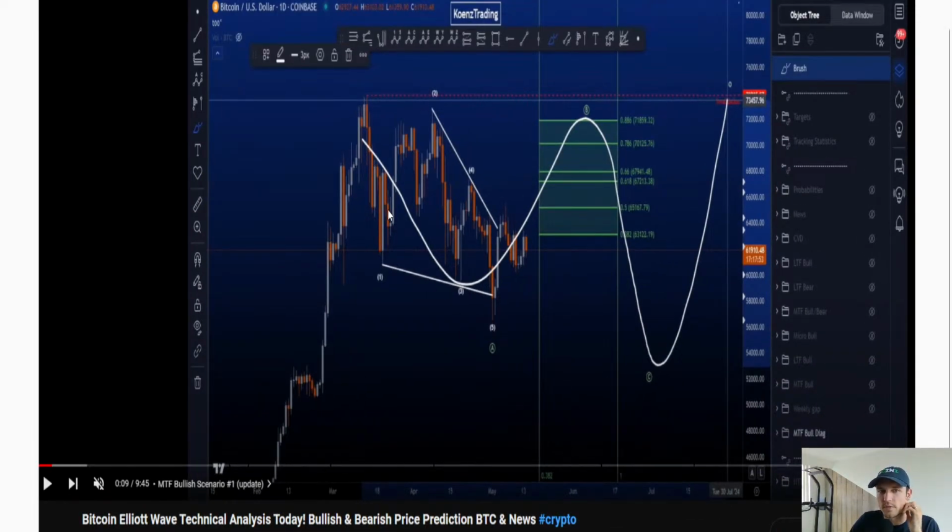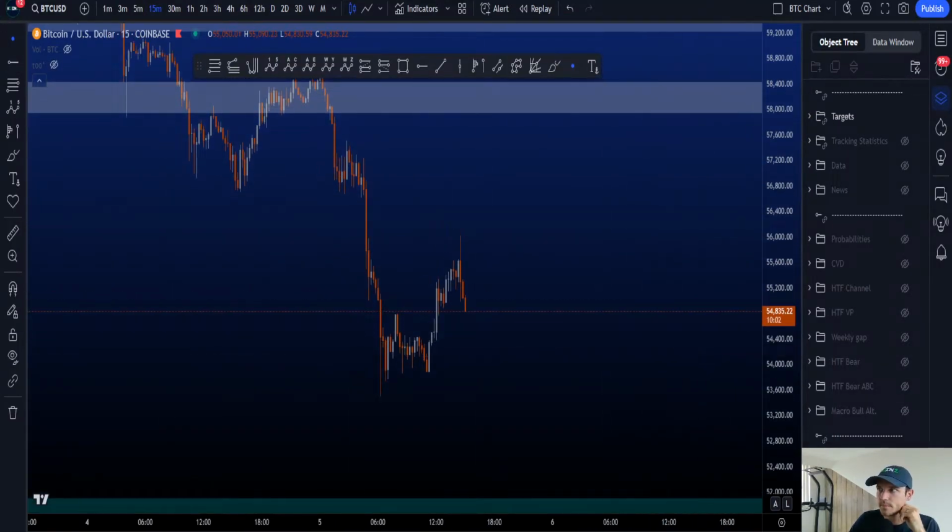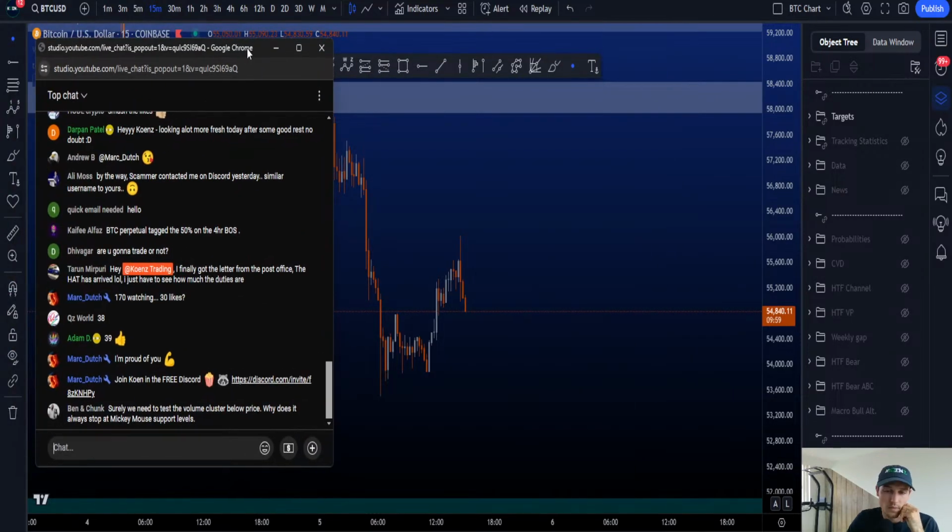Either we're looking for a 5 waver, or the low preferably to be a wave B in an expanding flat. And yeah, I'm happy to see where we are now. Elliott waves is amazing.